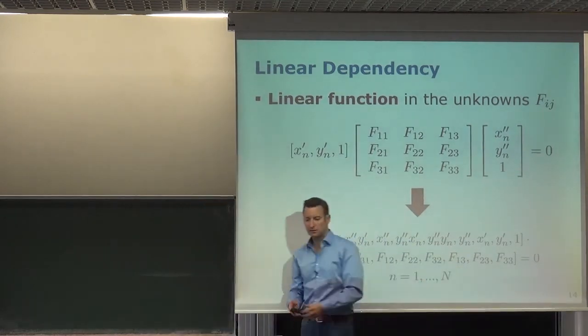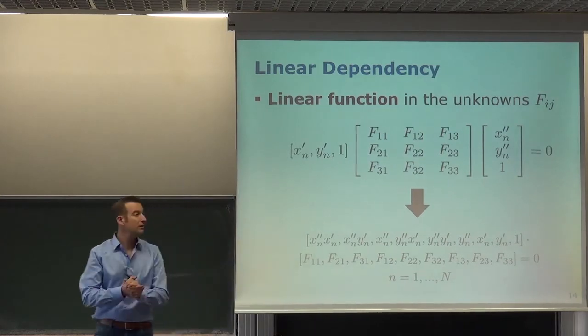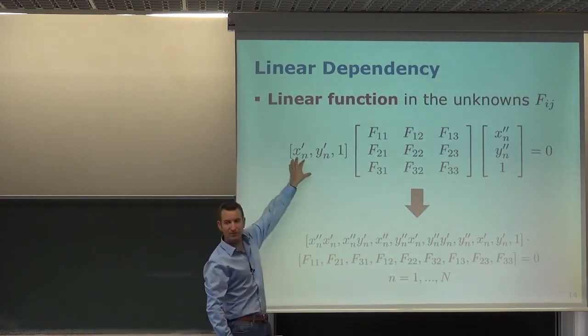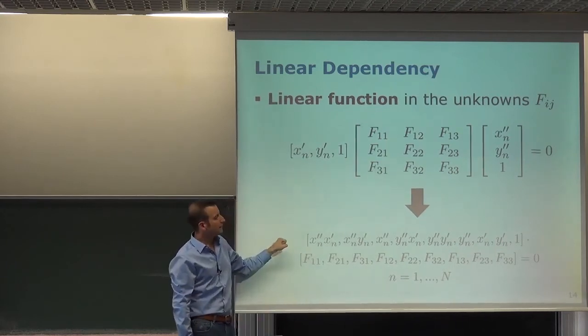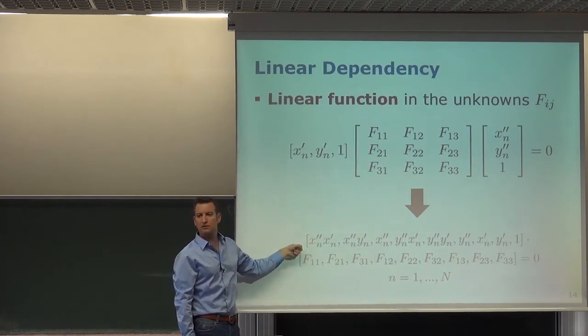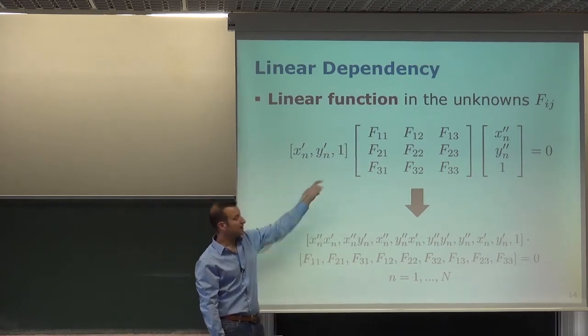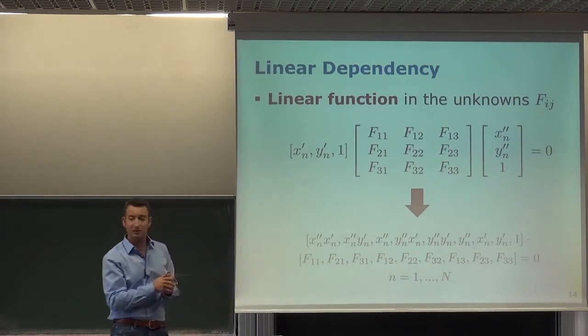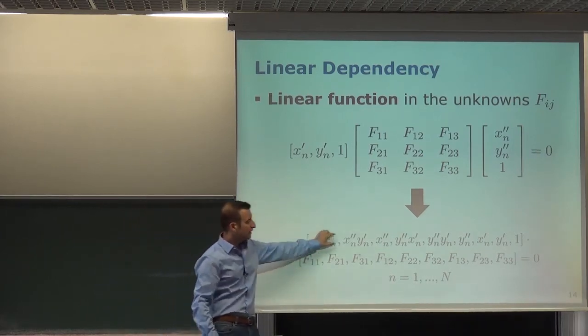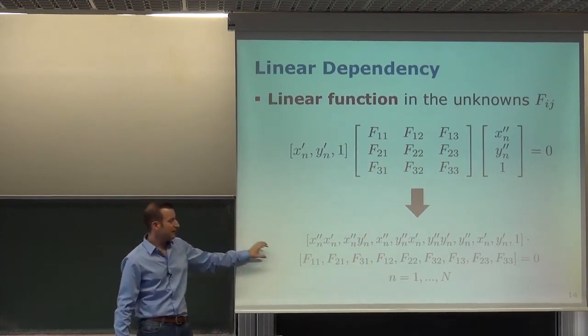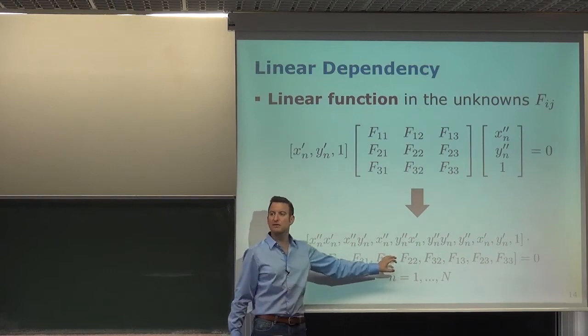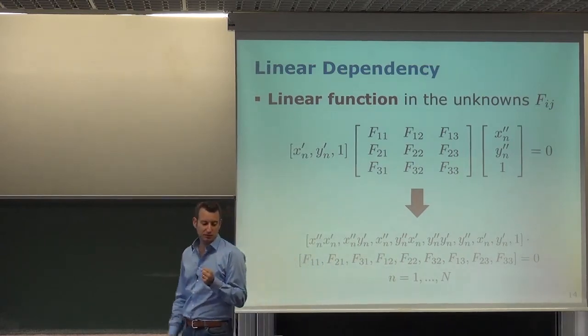The only thing I've done now is rewrite this product of 2 vectors and a matrix, which was 3 by 3, into a product of 2 vectors of size 9 by 1, because we obtain 9 elements through these multiplications. And I can simply rewrite this in this form. Again, this emphasizes the fact that this is a function which is linear in f. So it's a linear function, linear dependency.